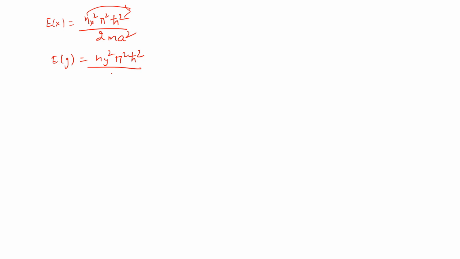Now for the x direction, the energy will be Ex equals nx square pi square h cross square upon 2ma square. This is the level along x. And for y, same, ny square pi square h cross square upon 2ma square. And as I already told you, energy will be an additive function, Ex plus Ey.